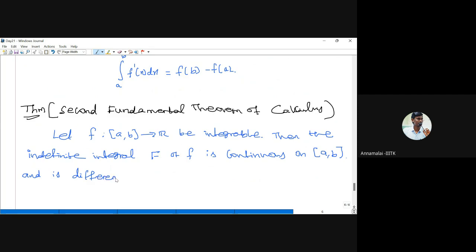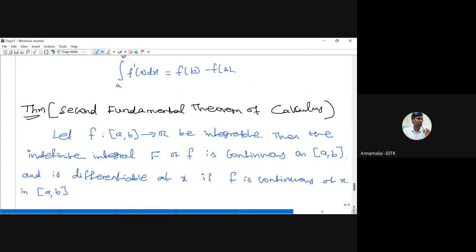Capital F is differentiable at a point x if the small f is continuous at x. Otherwise, capital F is not differentiable there, but is continuous, for x in the closed interval a comma b.